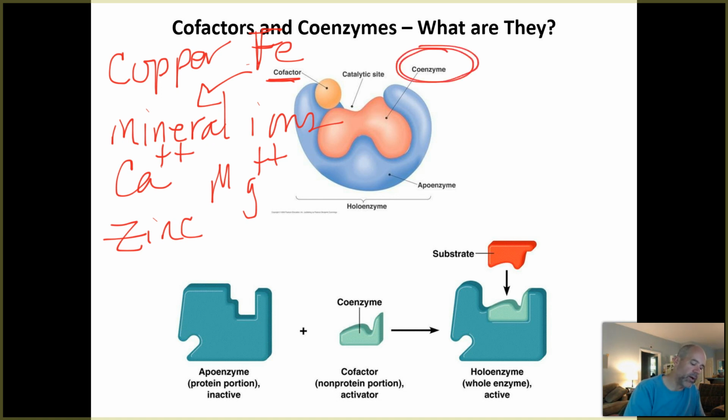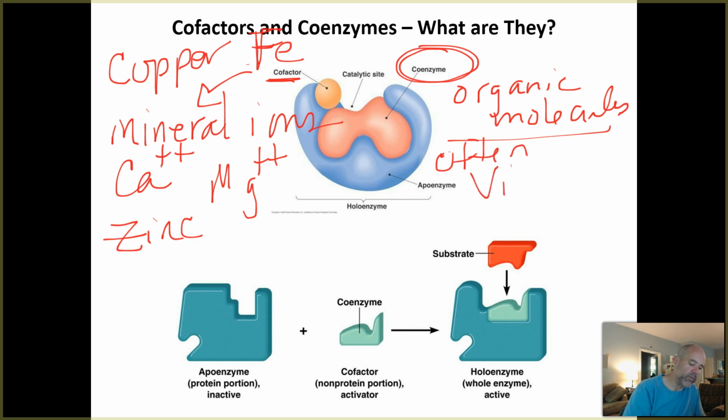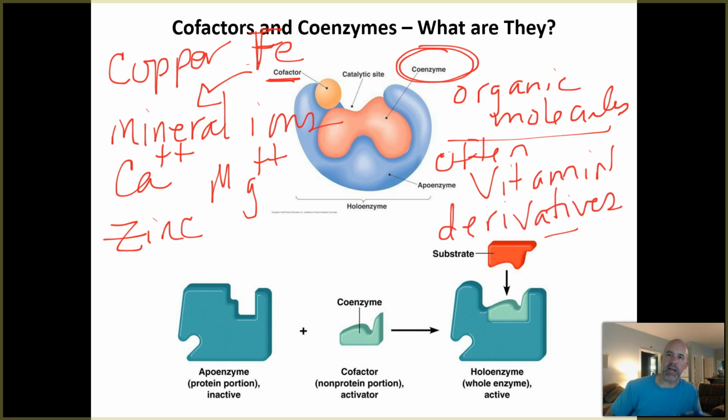Coenzymes over here, those are organic molecules, so they're not just ions. And they're often vitamin derivatives. So we all know we need vitamins in our diets. Vitamins are a type of smaller organic molecule.